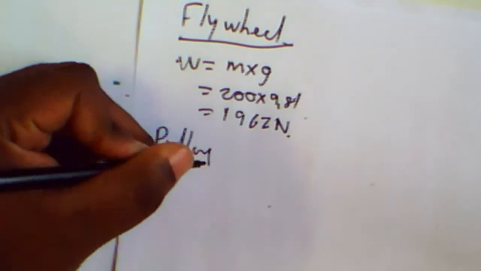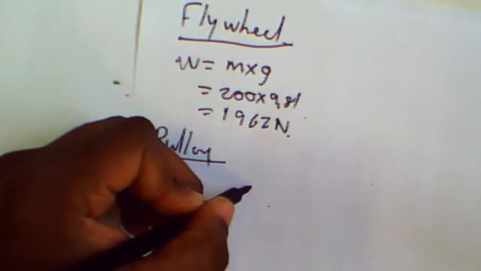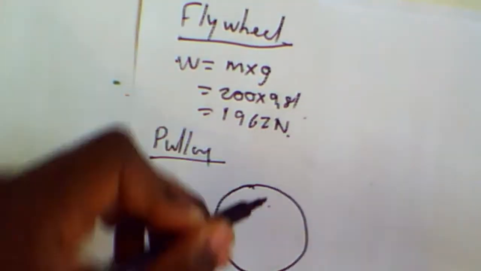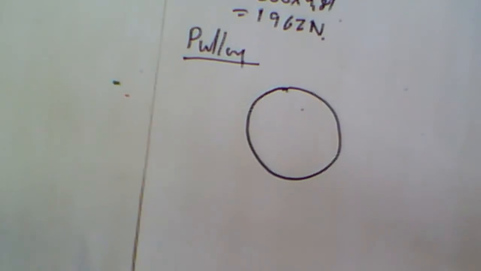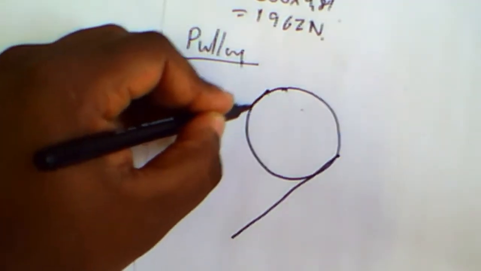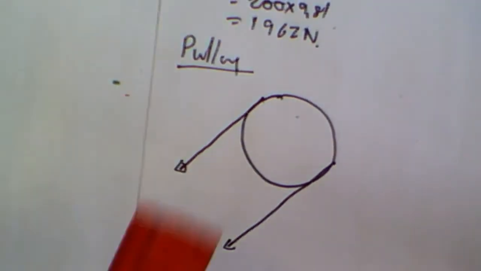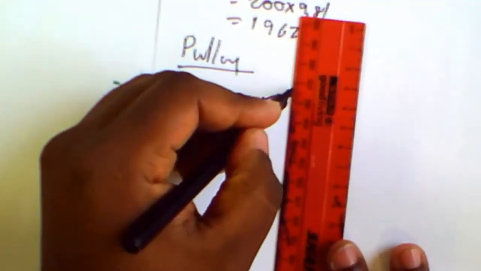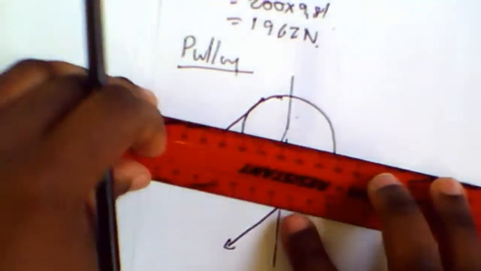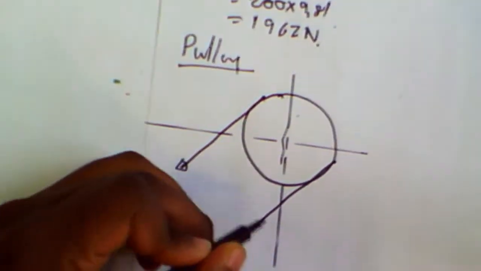If you look at the pulley, here they gave me the manner in which my pulley drive is situated. As depicted on my picture, I was told that my pulley belts are at an angle of 30 degrees to the vertical.